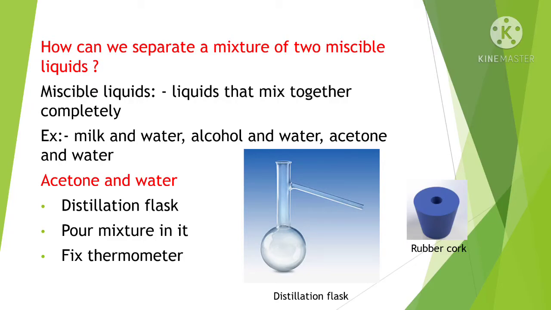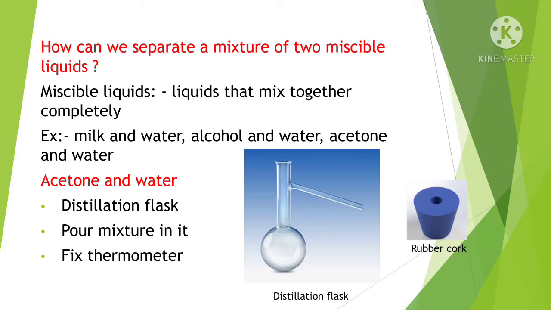For that, first of all, we need a distillation flask. Then we will pour the mixture of acetone and water in the distillation flask. Now we will fix a rubber cork on the mouth of the distillation flask.